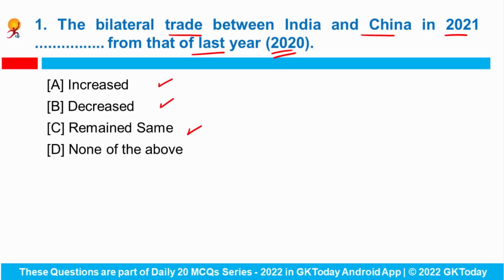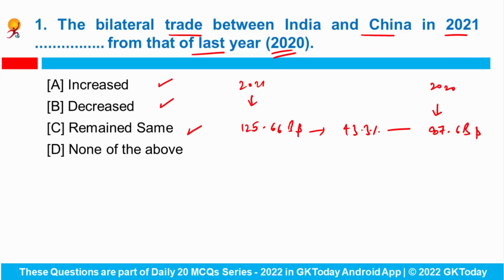Actually, the two-way trade between India and China in the year 2021 stood at $125.66 billion, an increase of 43.3% from 2020 when the trade was worth $87.6 billion.